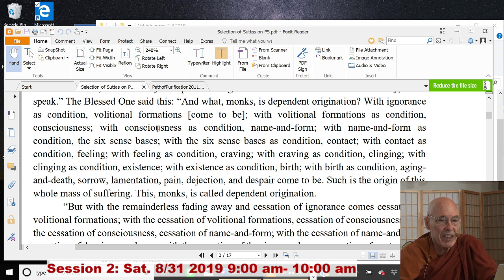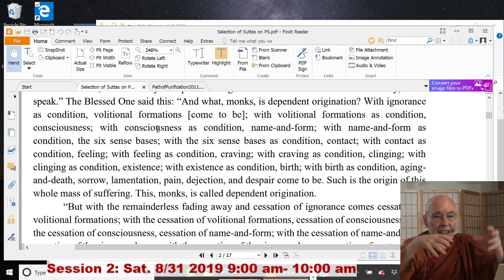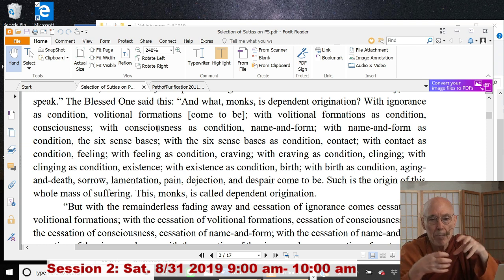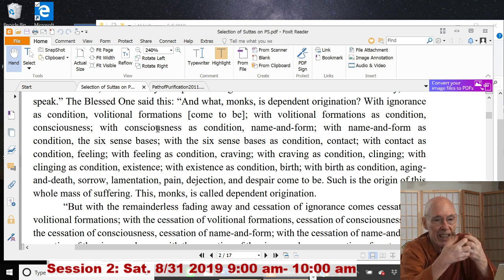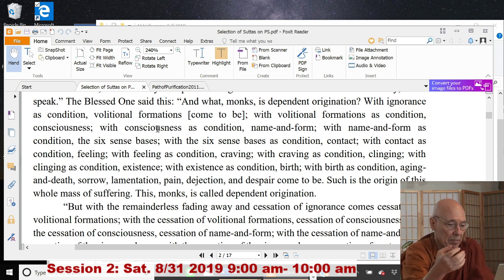And when consciousness arises, it arises together with what's called name and form, nama rupa, which signifies the psychophysical complex that accompanies consciousness. So any given existence consists of consciousness functioning together with the psychophysical complex called name and form.